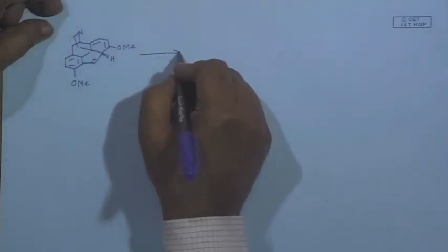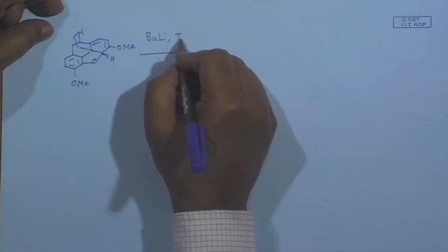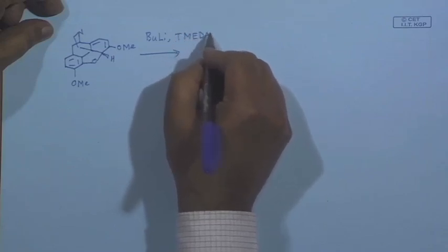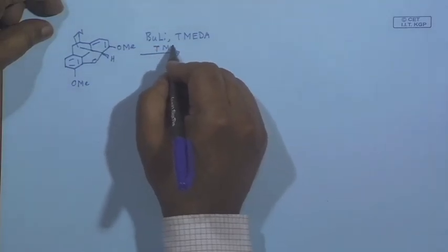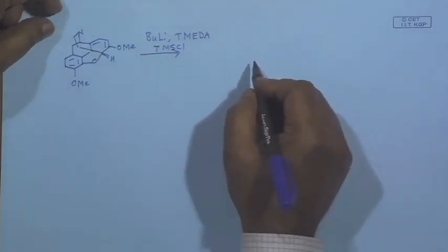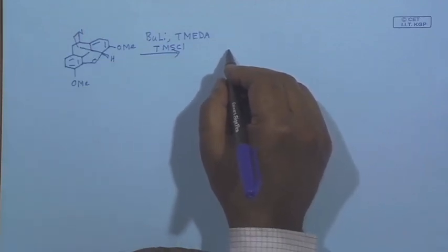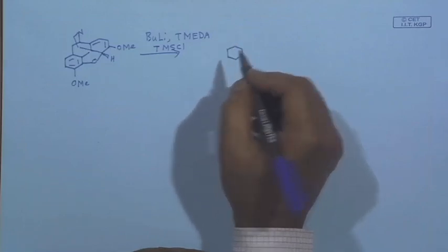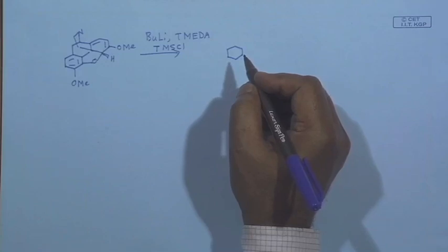And the first reagent was butyl lithium, and then TMEDA. TMEDA is an additive which is often used to make the base more basic, and then it was treated with TMS chloride. And obviously there is a selection in the site of this lithiation.